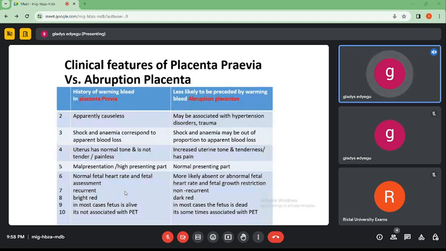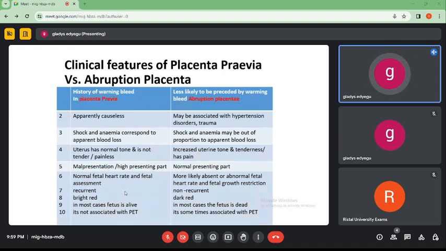The mother does not see any drip of blood, but just suddenly sees she is bleeding, not like placenta previa where she sees a warning bleed, some slight thing, and then you can suspect. Then it is apparently causeless, so it is not caused by anything. The bleeding just occurs. That's why we mentioned the mother can wake up from the bed and just see she's in a pool of blood.